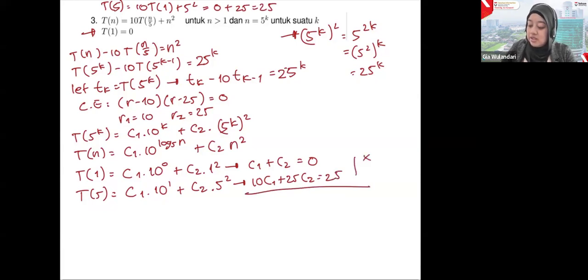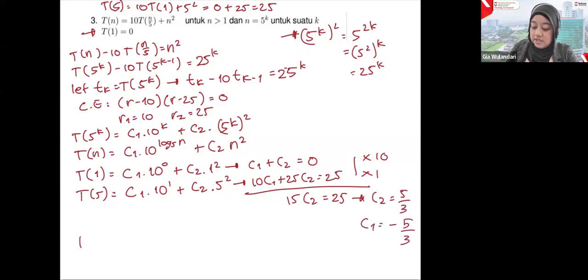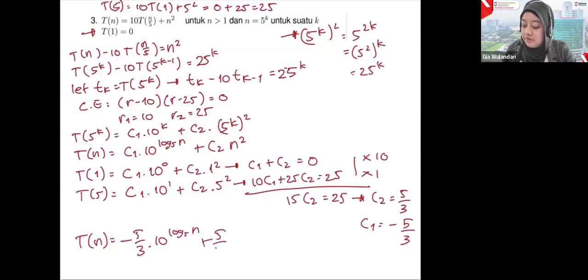And by elimination, if we multiply it by 10 and so on, we will have it like this. So C2 is 5 over 3, so C1 will be minus 5 over 3. So Tn will be minus 5 over 3 n log 5n plus 5 over 3 n square.